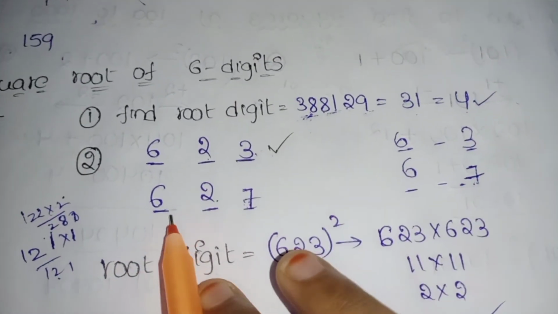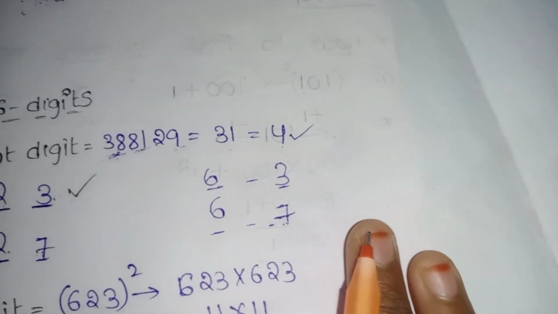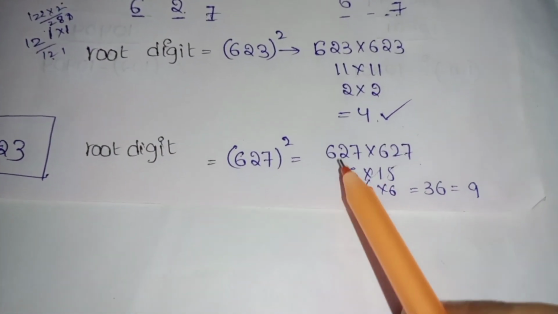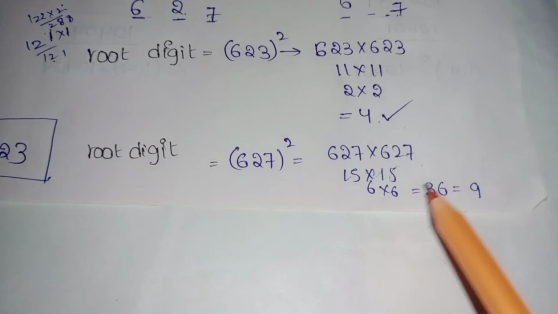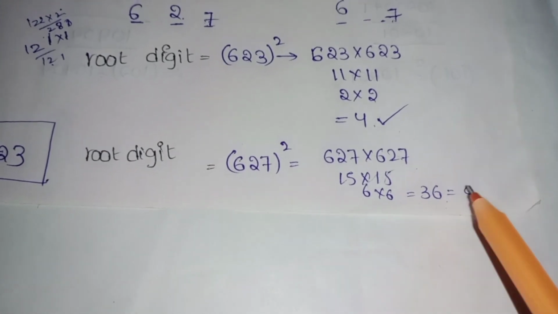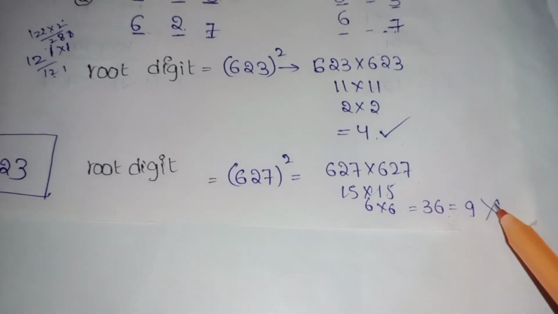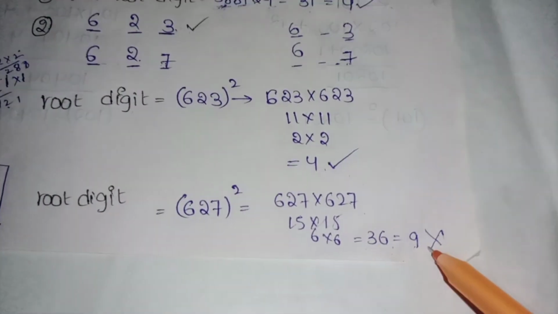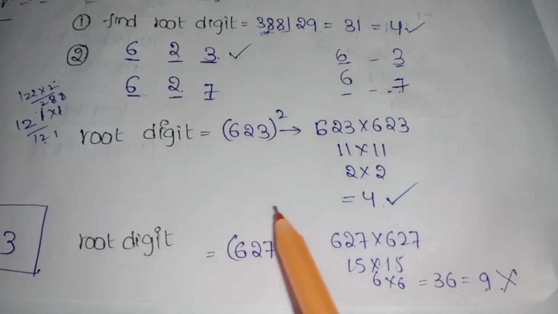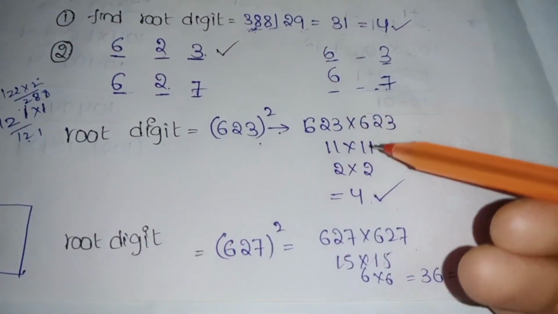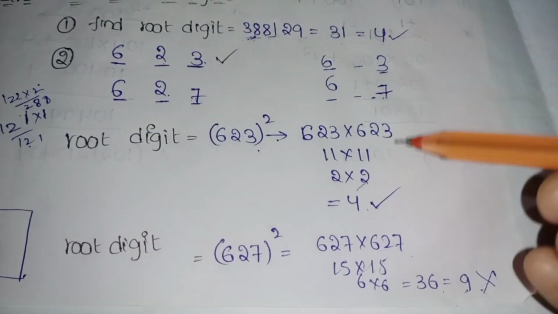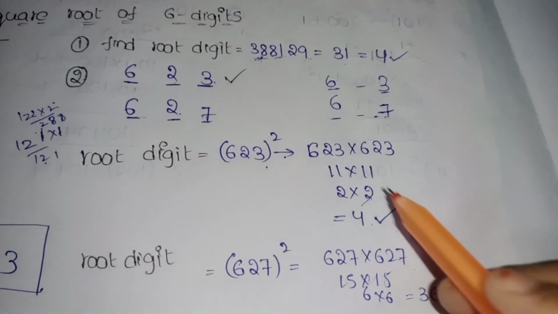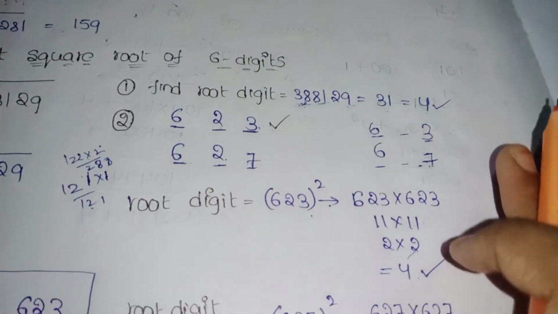Let us see 627 also. The root digit of 627 is 15, and 15 into 15: 6 into 6 is 36, 3 plus 6 is 9. The root digit is 9. The root digit of this number is 4, and of that number is 9. Are they equal? No. So the answer is 623, because the root digit of both values is the same. So 623 is our answer.